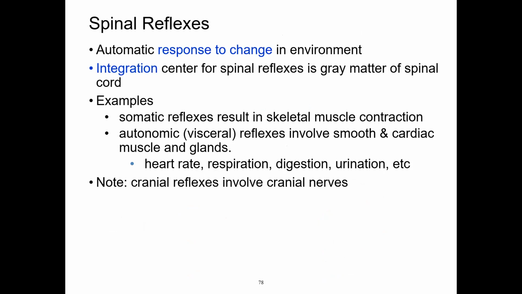These are the spinal reflexes. So things like jerking your hand back from something hot or sharp is a spinal reflex. The patellar response, kicking your leg out, is also a spinal reflex.